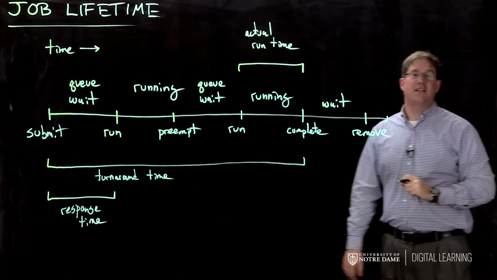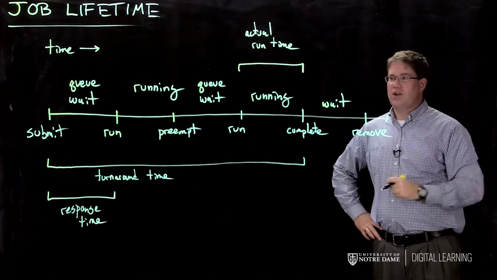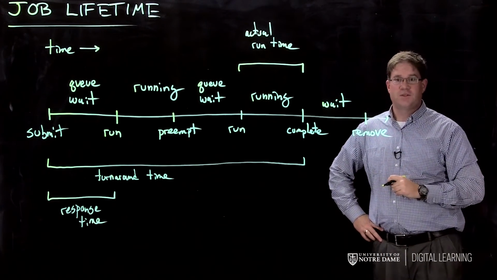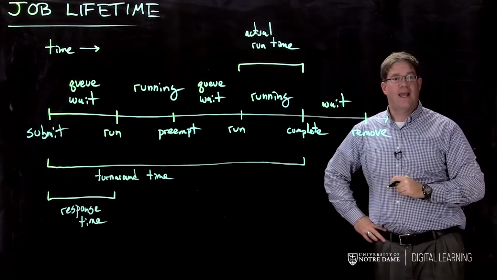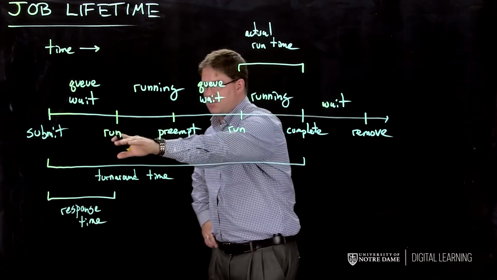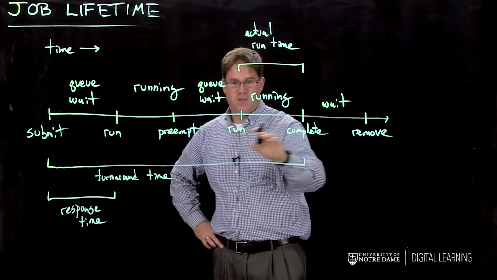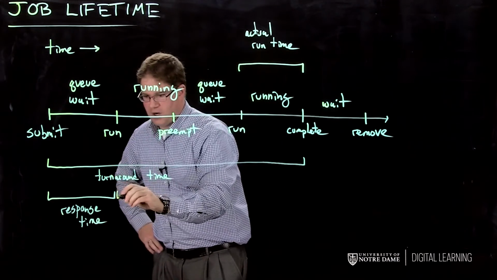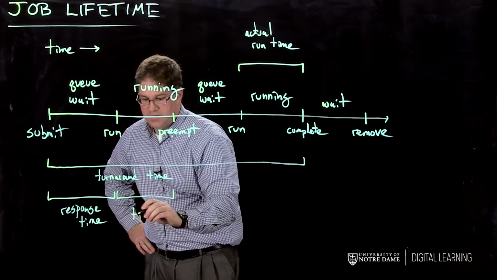On the other hand, we might say, you know, that job was on the cluster for at least 2 intervals. And so the amount of time that it actually consumed from the system was from here to here, and then again from here to here. So we'll mark that as time consumed.